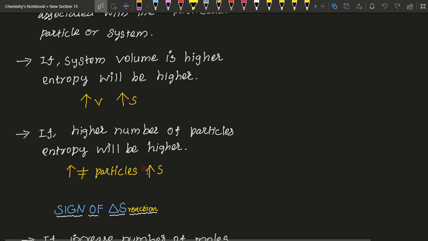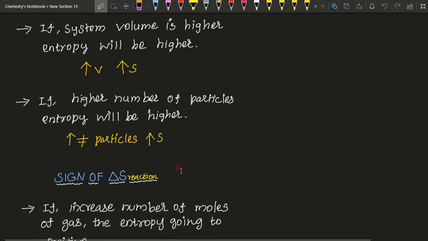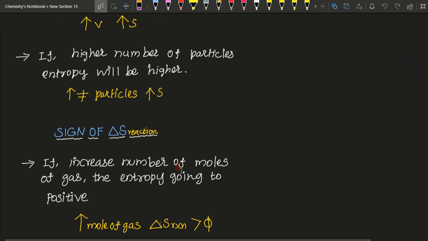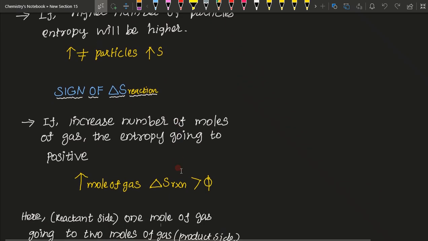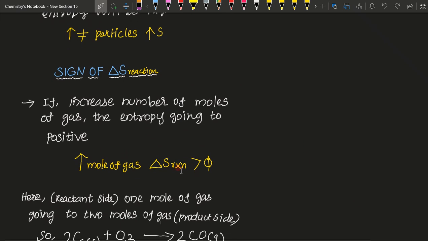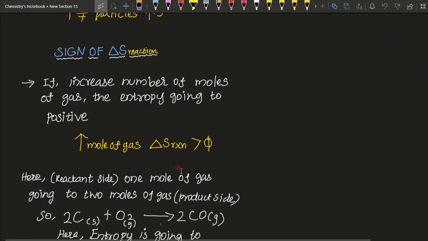The sign of delta S: if the number of moles of gas increases, the entropy goes positive.